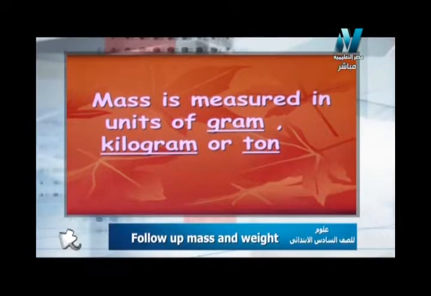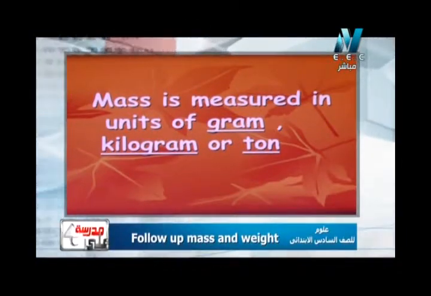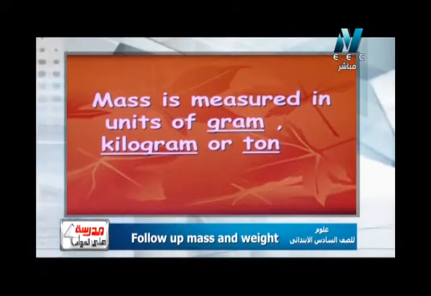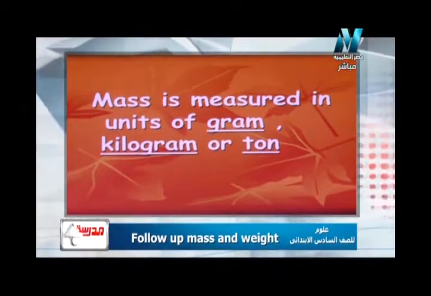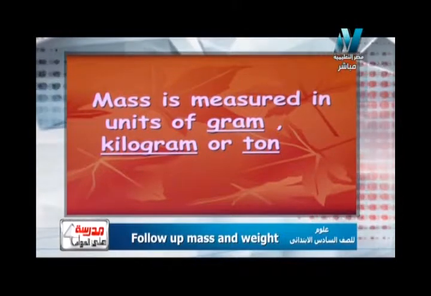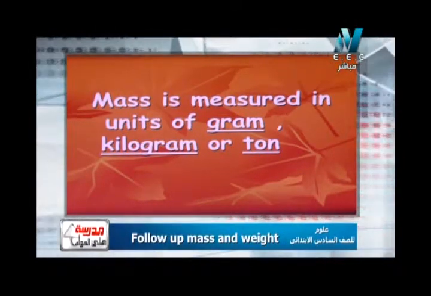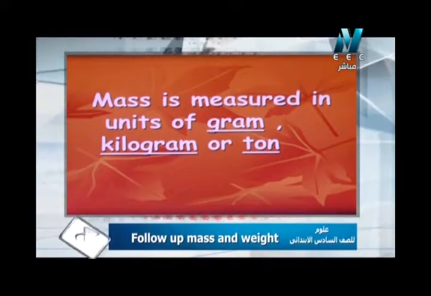Another property of mass is that it is measured in units of gram, kilogram, and ton. Gram is for very small masses such as silver, gold, and chemicals.